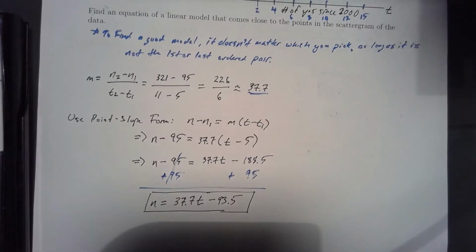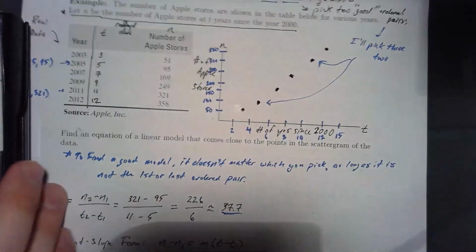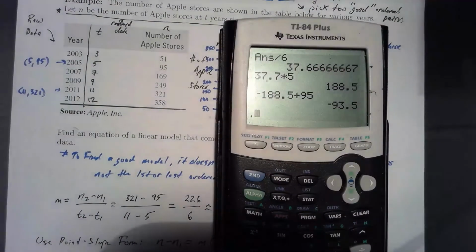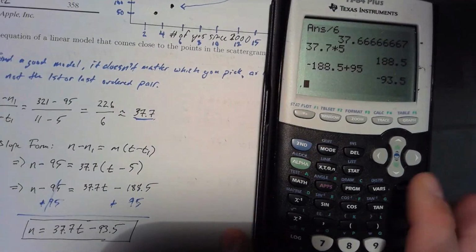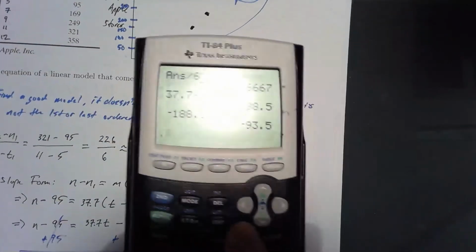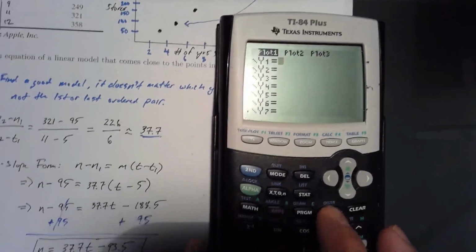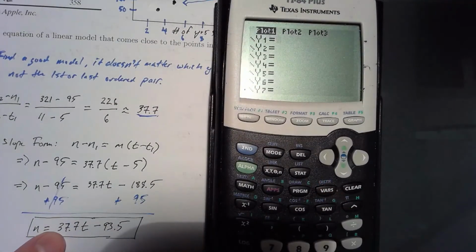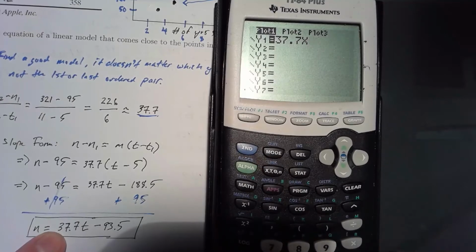Okay, how does this compare? How does this look with the scatter plot I made? I can actually do that in my calculator. I could plot this line along with my scatter plot just to see how it compares. To do that, just go to y equals and type in the line you got, 37.7, now I'm going to have to use x here, it's not a big deal, minus 93.5.